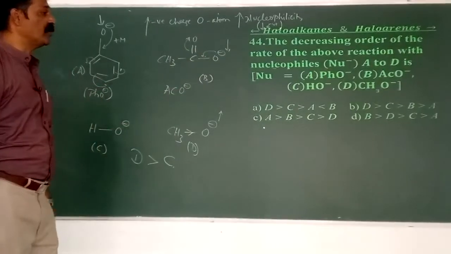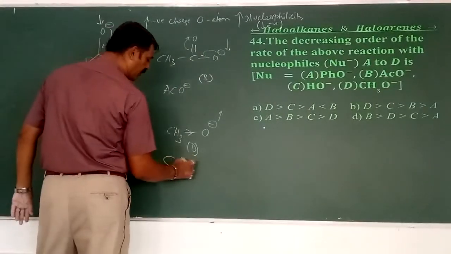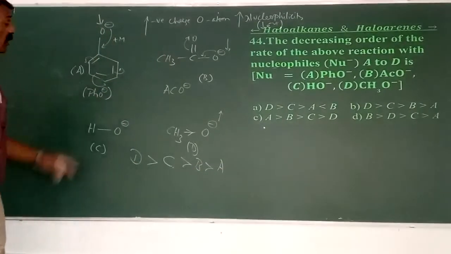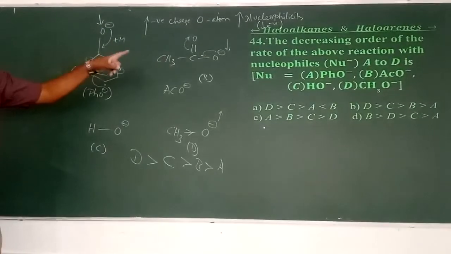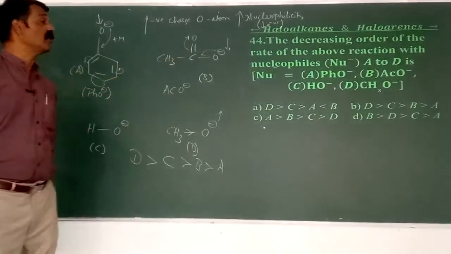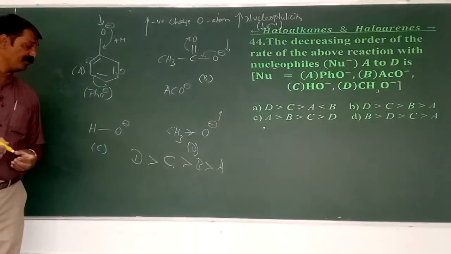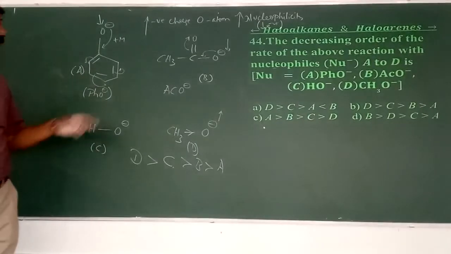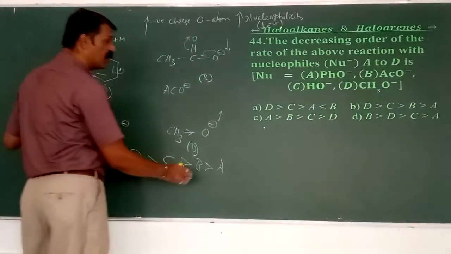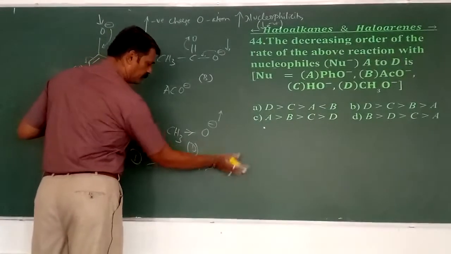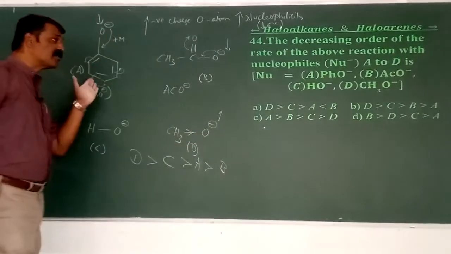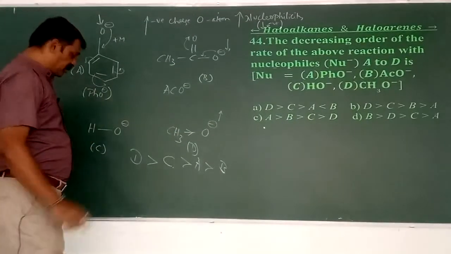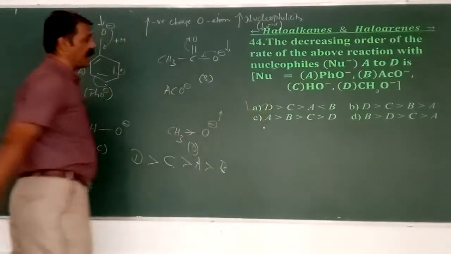Phenoxide is better stabilized due to resonance compared to acetate, because the charge is oscillating between them. Hence, the order is D, C, B, A. That is 44.